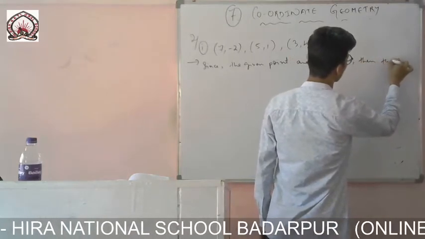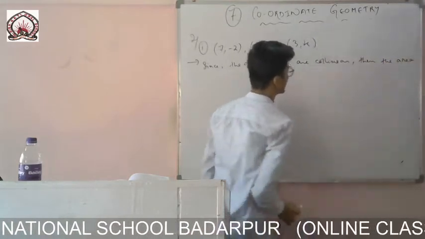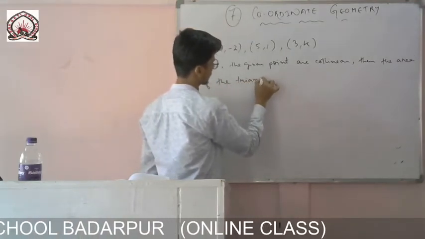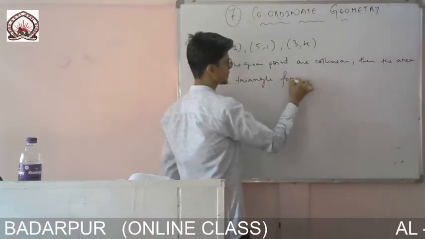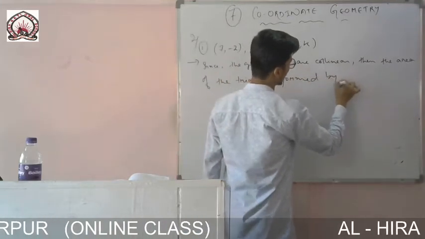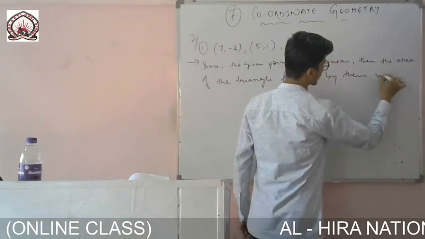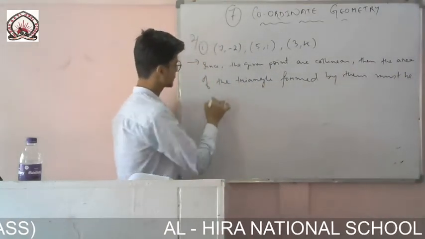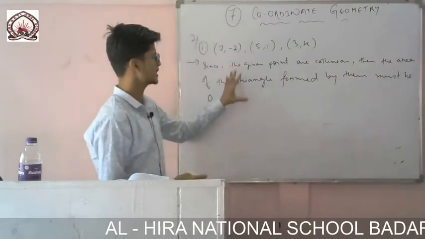Then the area of the triangle formed by them must be 0. So this is the basic thing.